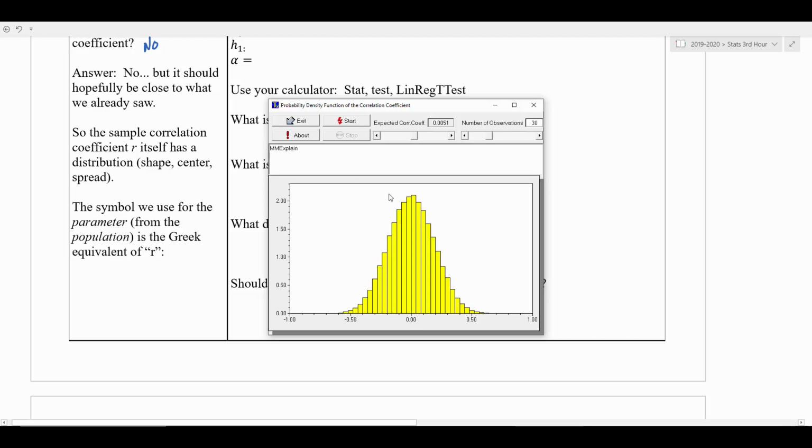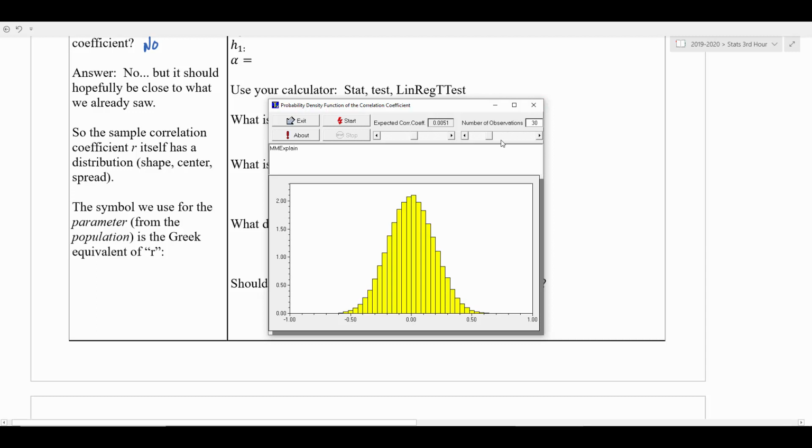And stop. All right, you'll notice the curve got a lot skinnier. It's still very normal and still centered on 0, but the spread reduced, or the variability reduced, because the sample size went up.